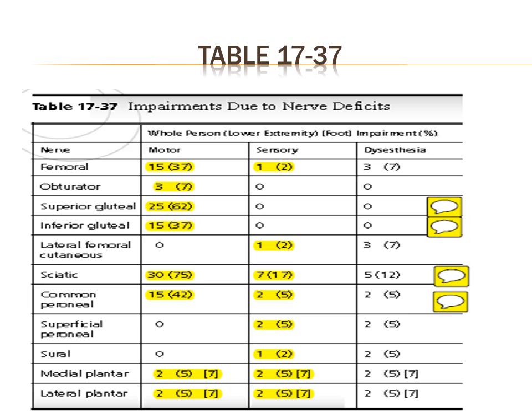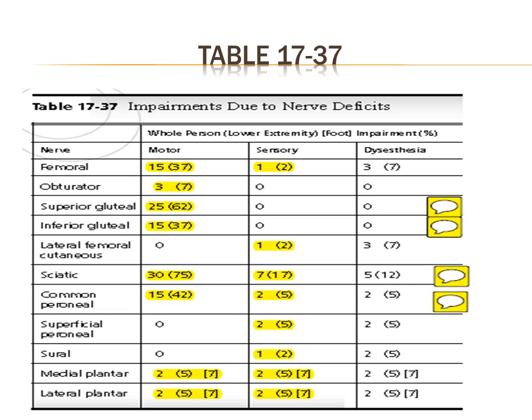Now, why would there be no permanent impairment due to loss of sensory function? Well, I referred to this a little earlier in the program: at least as regards the superior and inferior gluteal nerves, those are motor nerves only. However, the obturator nerve, as we discussed earlier, does have a sensory function. It provides sensation at the medial aspect of the knee.